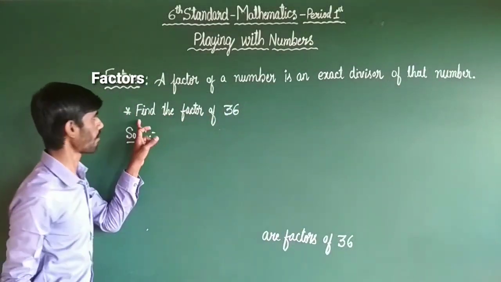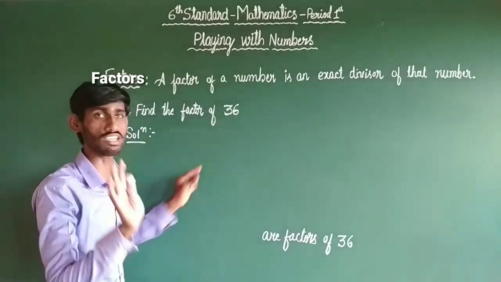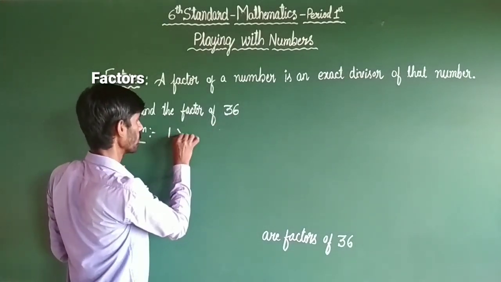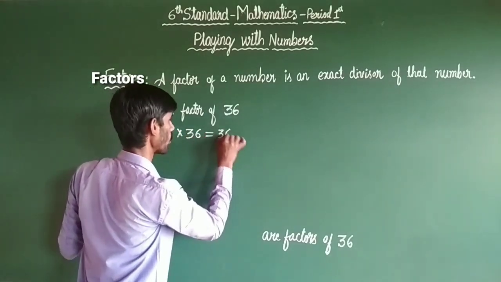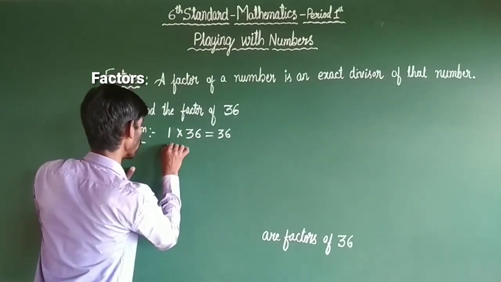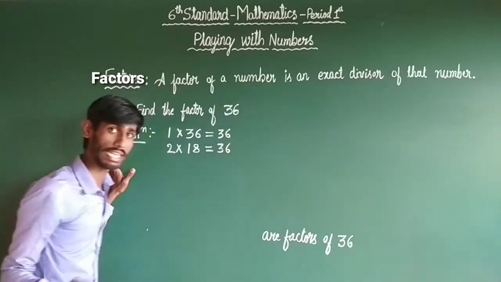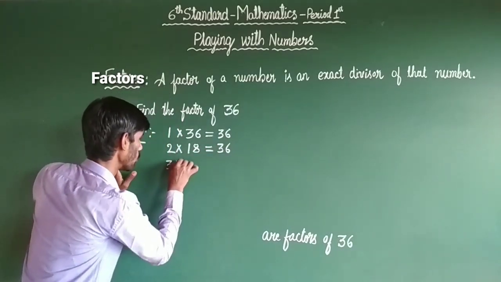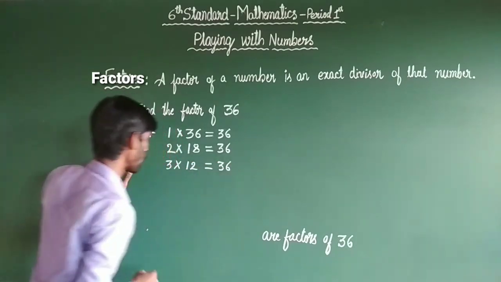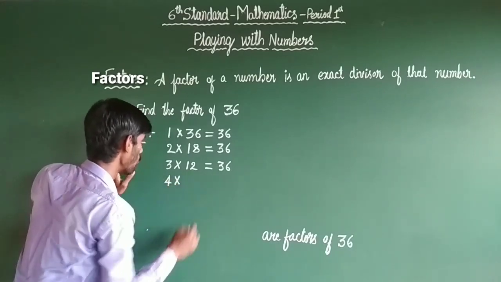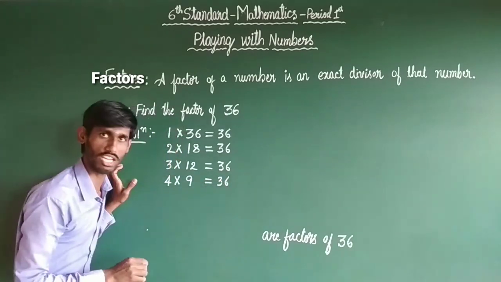Let us move to another concept. Example: find the factors of 36. In which tables does 36 come? Observe here. 1 times 36 is 36. 2 times 18 is 36. 3 times 12 is 36. 4 times 9 is 36.